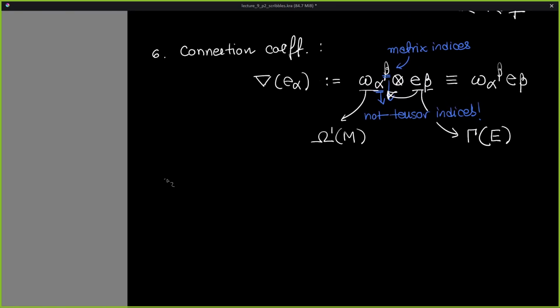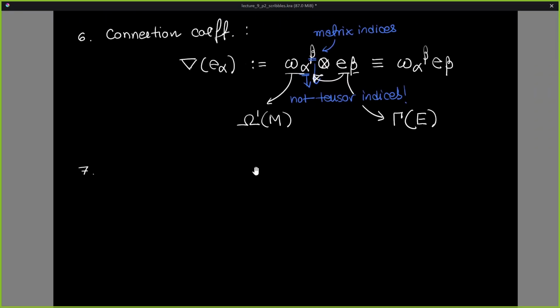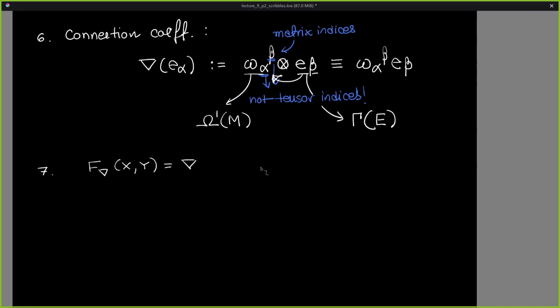So now that we have connection coefficients, we define the curvature form and the curvature tensor. So the curvature tensor was F nabla of xy, which was using the connection in the two different orders. Am I getting that right?